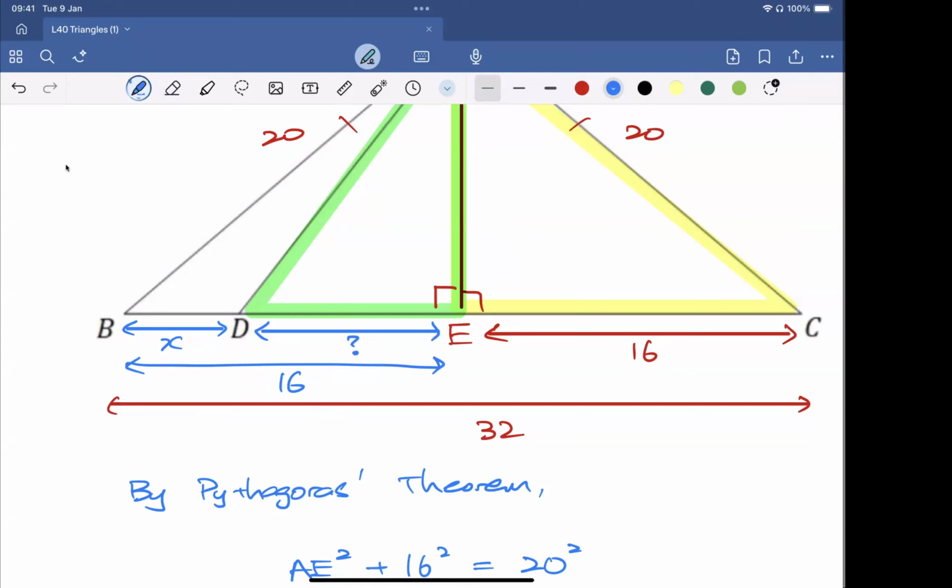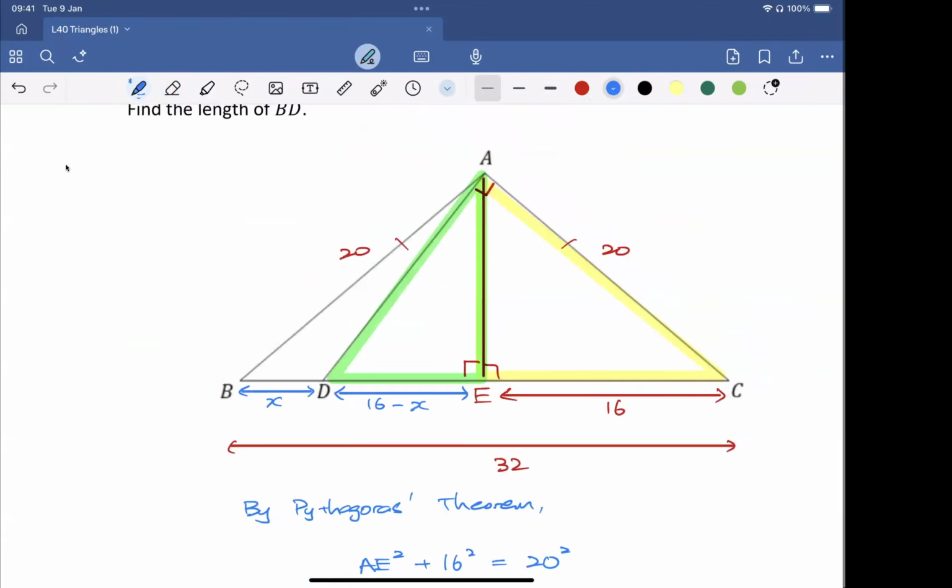Correct, Isaac. 16 minus x. Well done. So if you look at the green triangle, we know that this is 12, which we have just found, and this is 16 minus x. Now I'm going to use Pythagoras to find the length of AD.